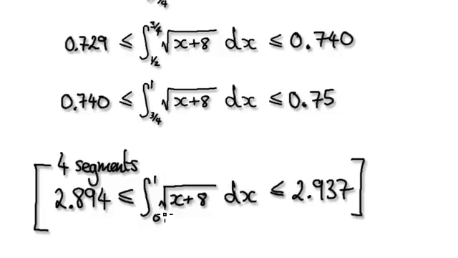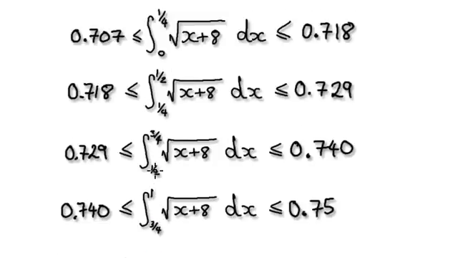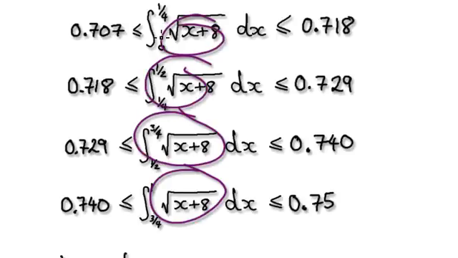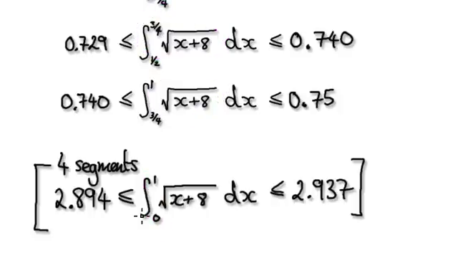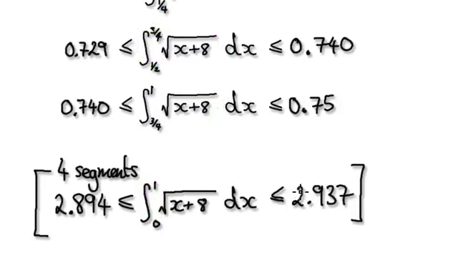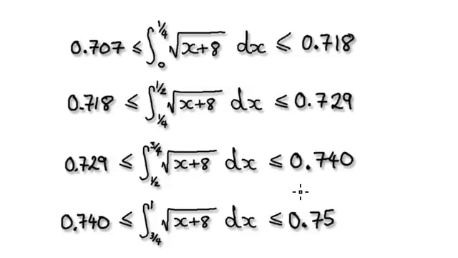You've got to ask yourself, from 0 to 1, that's you really summing up all 4 of these. The biggest possible value that this could be would be you looking at the biggest possible value for each individual rectangle.